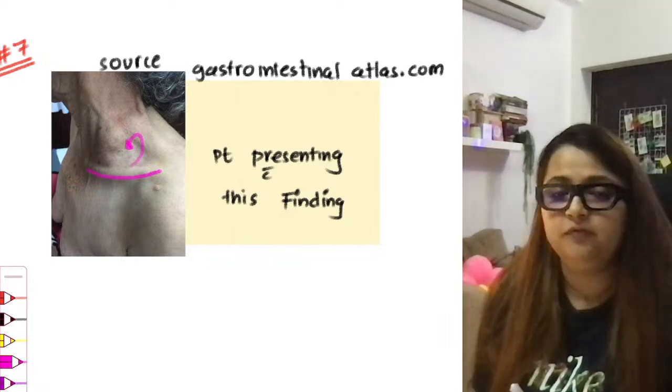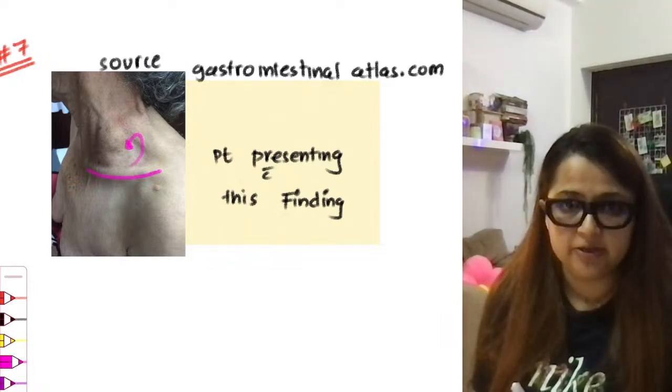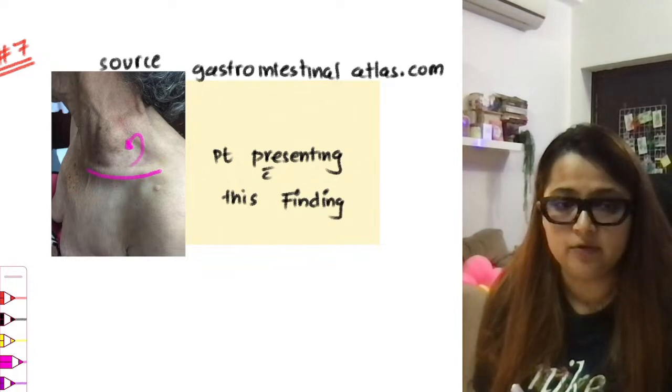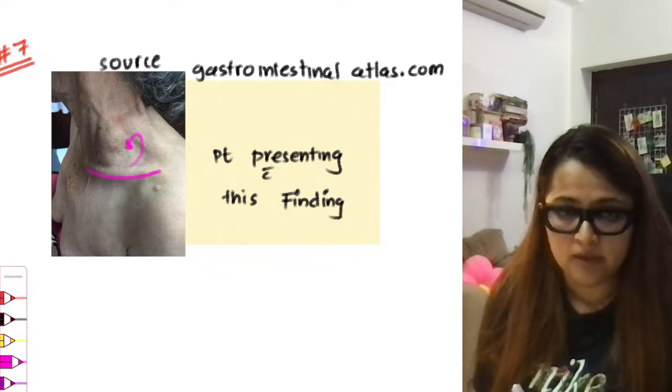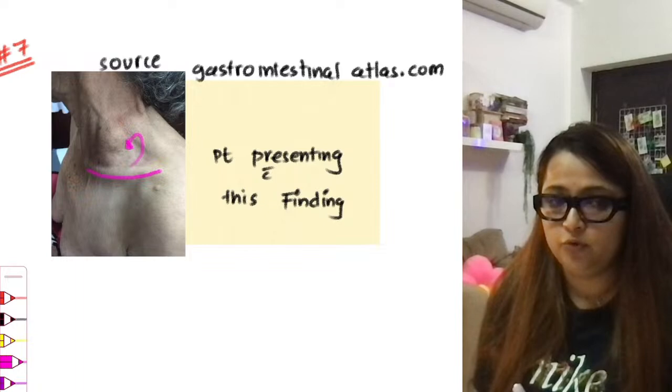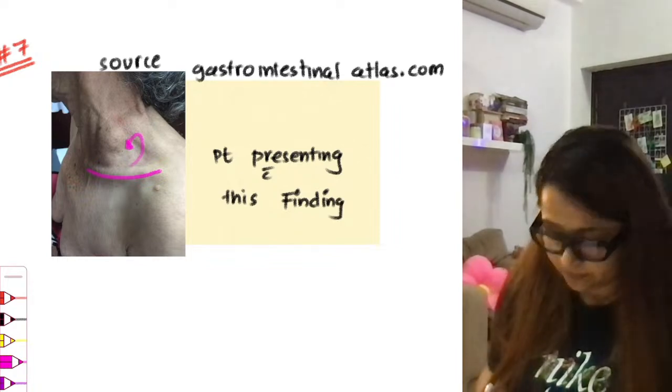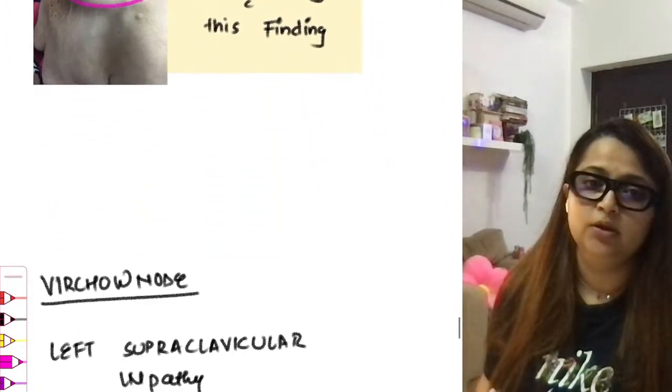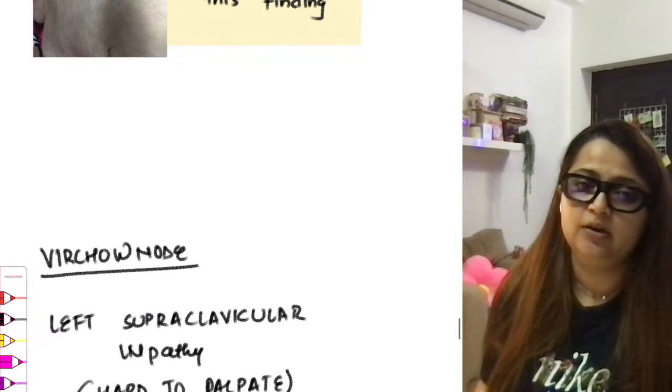If this is particularly on the left side, it is left supraclavicular lymphadenopathy, and when you palpate this lymph node, it feels very hard to touch. This is known as Virchow's node, that is left supraclavicular lymphadenopathy.